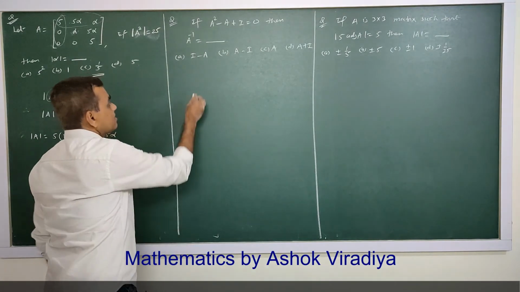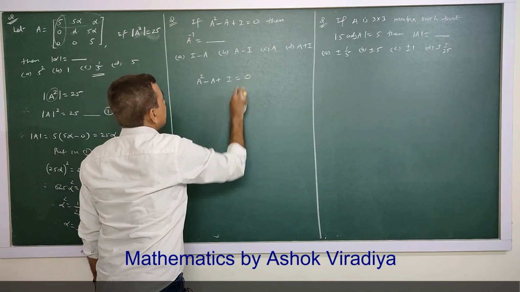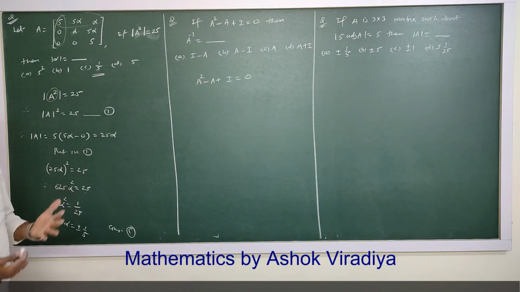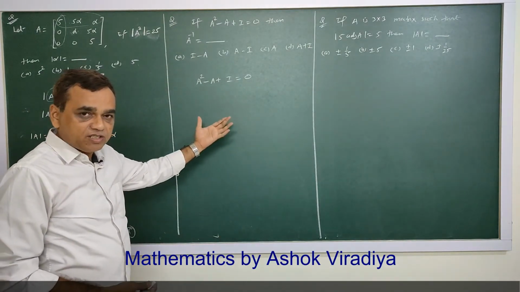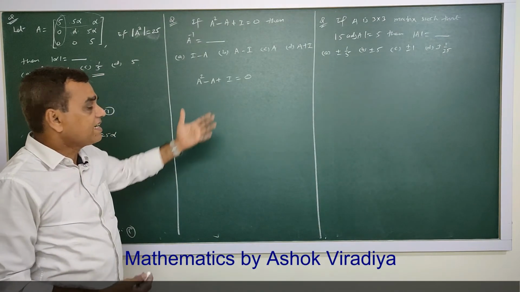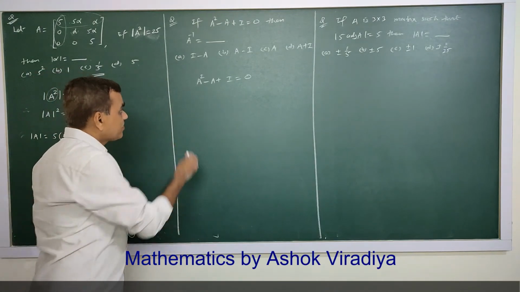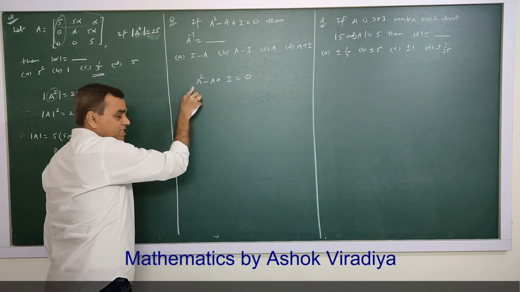Now here A square minus A plus identity matrix is 0. We want the inverse. Whenever such algebraic equations in terms of matrices are given, to find the inverse, what do we do? I multiply this equation by A inverse.